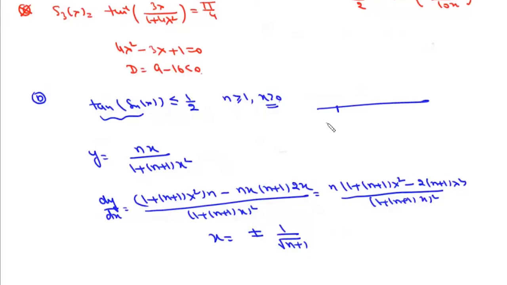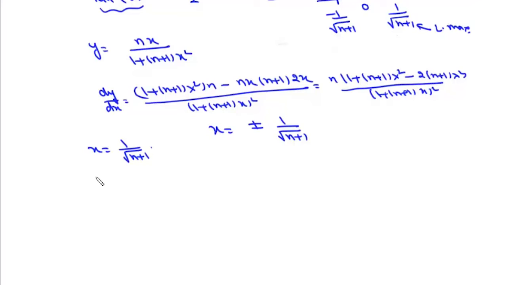Now it will be minus 1 upon under root (n plus 1) and plus 1 upon under root of (n plus 1). Now we do not know anything when x is less than 0, so we are just concerned with this point. Now rightmost it is minus and then it is plus, so we'll have a local maxima when x is 1 upon under root of (n plus 1).